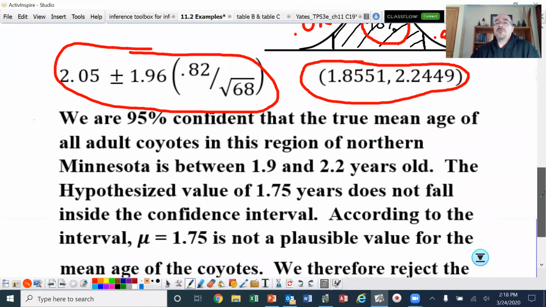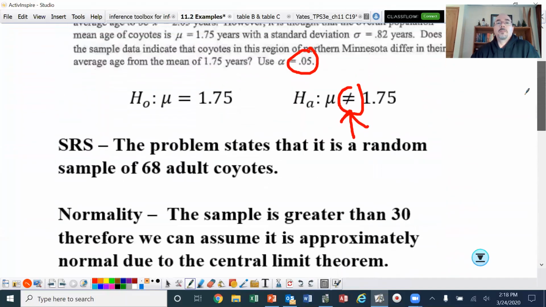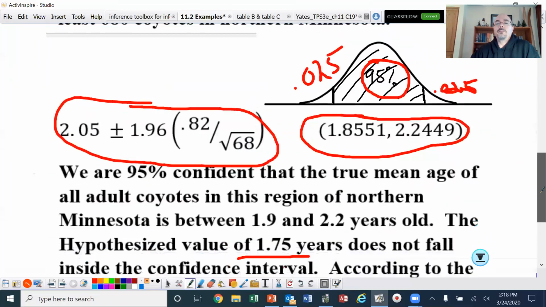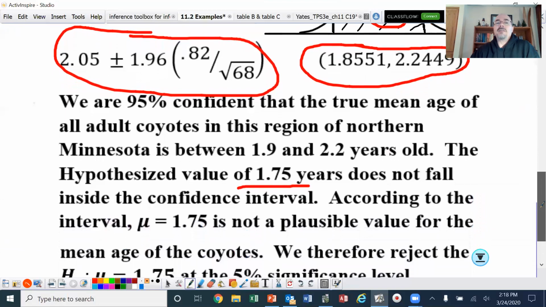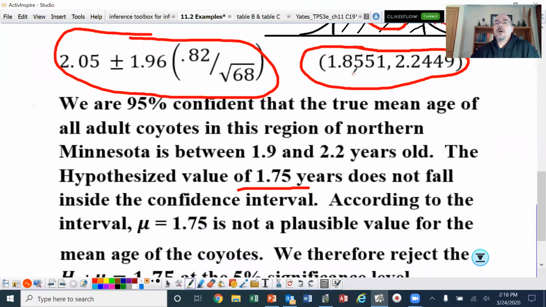The hypothesis value of 1.75 does not fall inside. Oh, it's over here somewhere. It does not fall inside the interval. So what does that mean?